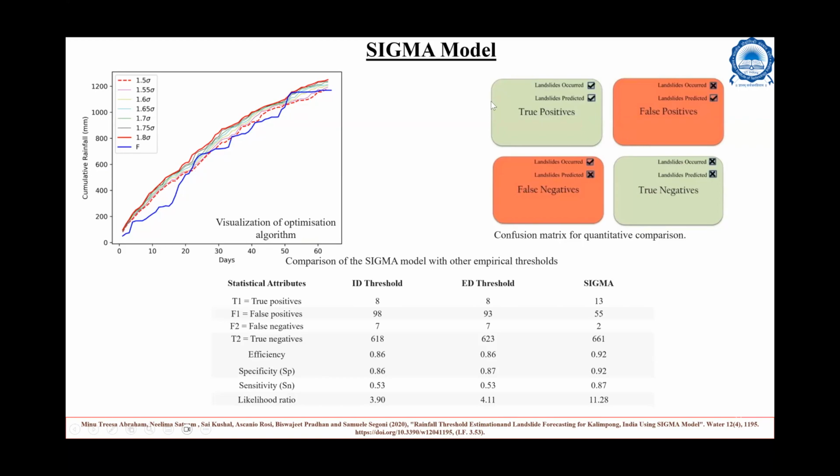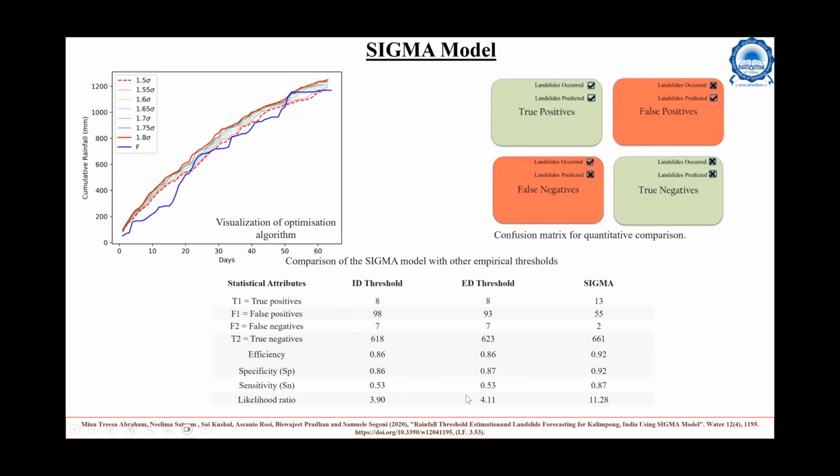And of course, this is a confusion matrix for a quantitative comparison of the analysis, with how many true positives, false negatives, and true negatives. Also, this is a comparison of the analysis carried out with the sigma model against other empirical thresholds, like how many true positives, how many false positives, etc. And also the efficiency, specificity, sensitivity, and likelihood ratio.